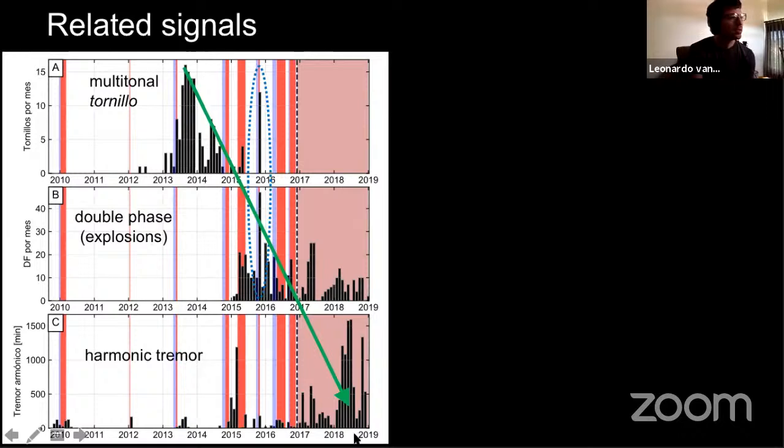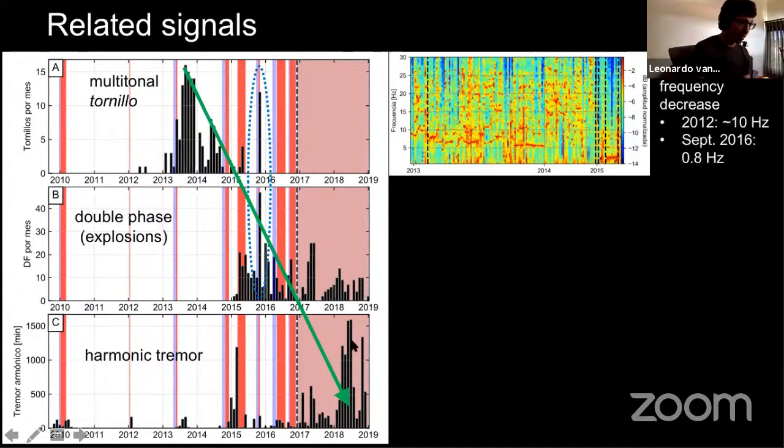And also this sequence of events: first tornillos, then double phases, and then harmonic tremor. The harmonic tremor's best expression was at the end of all this activity.